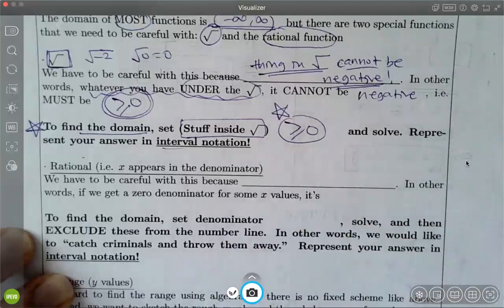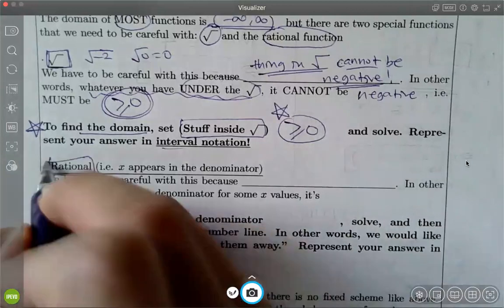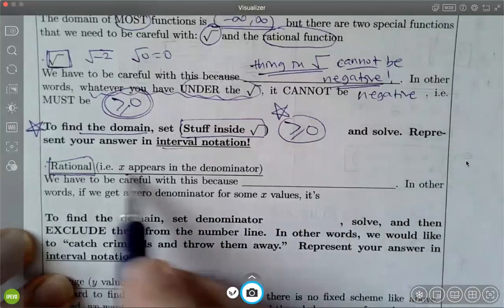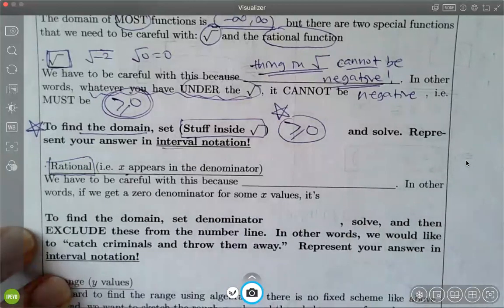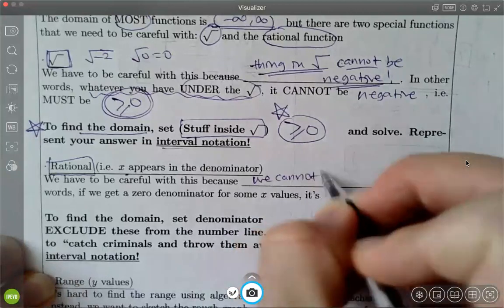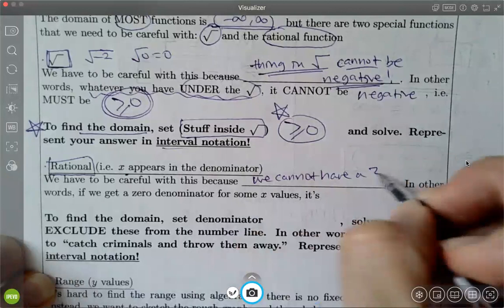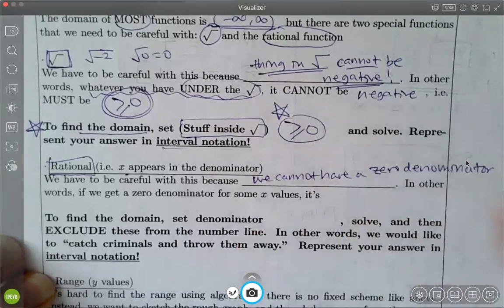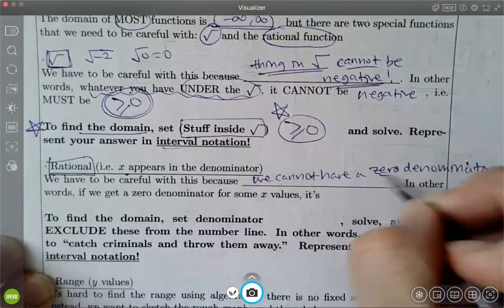Now, the rational function case, which means x appears in the denominator. What does that mean? It's a fraction, and why do you have to be careful with this? Because we cannot have a 0 denominator. A 0 denominator is not possible.